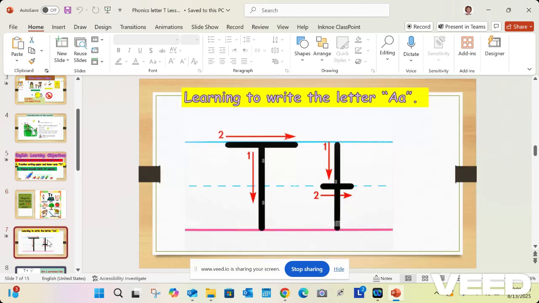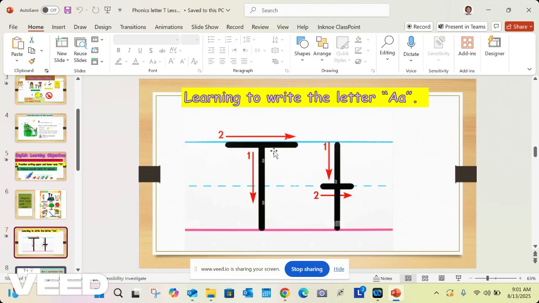Now let's move on. Now we are going to practice to write the letter sound T. We start with the uppercase. How are we going to write the uppercase T? First, we do number one. Go down. Can you do it for me?